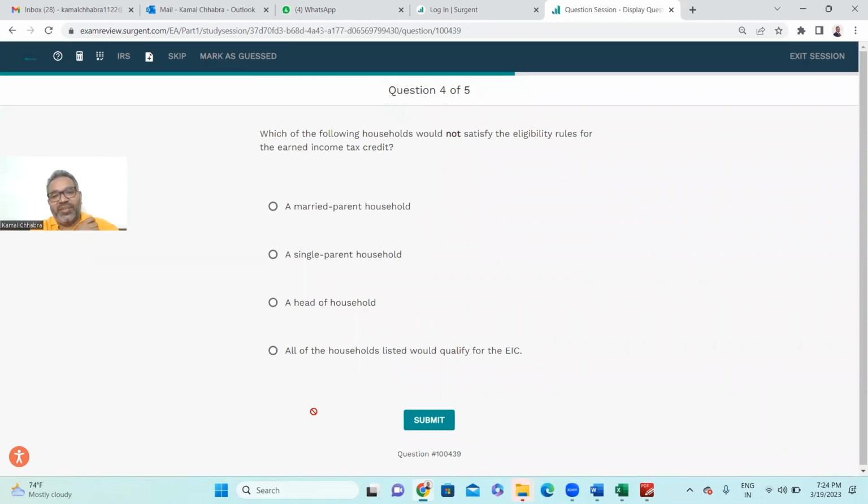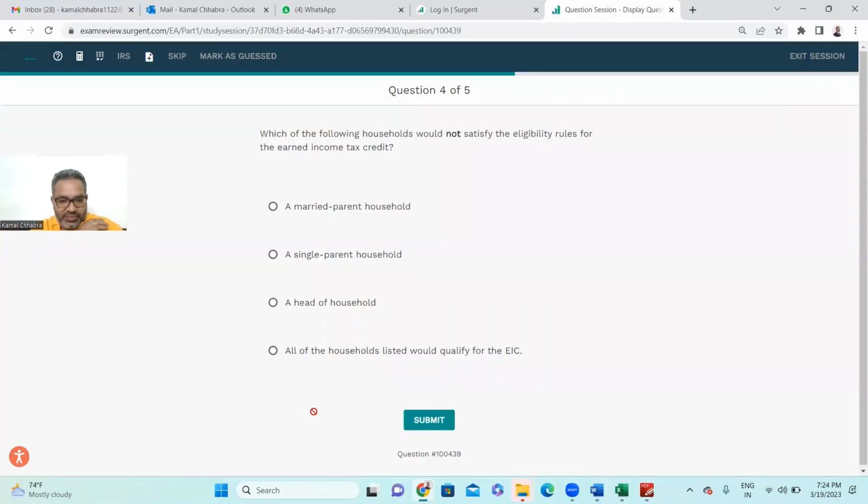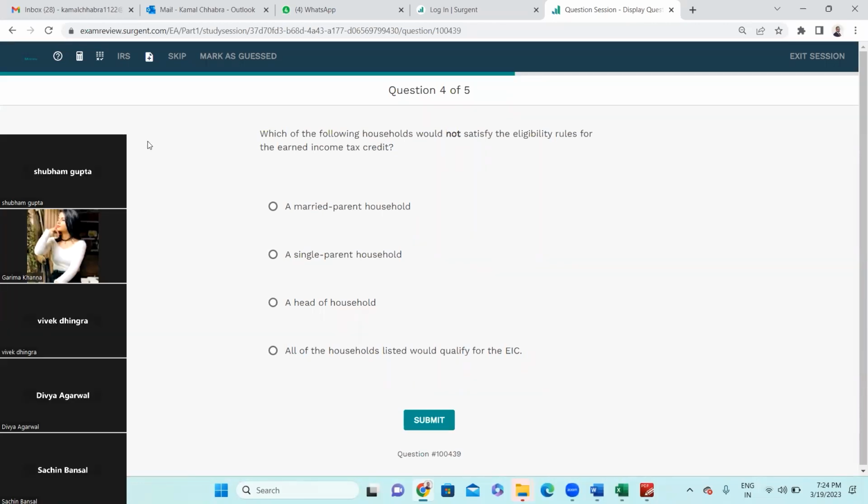Why option 4? So all of them qualify. No, what is the call of the question? The call of the question is which of the following does not satisfy the eligibility rule?